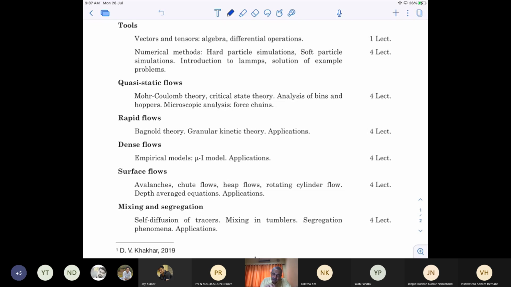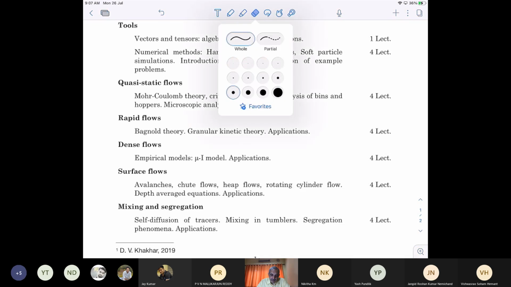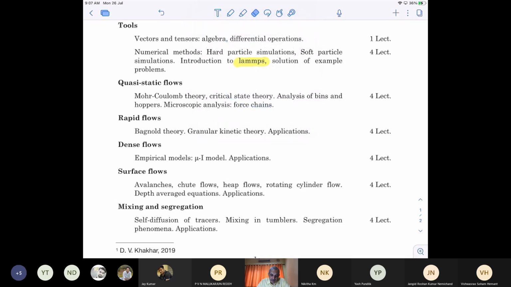So I'll tell you about what is the inside of it, but then I'll introduce you to an open source software called LAMMPS.